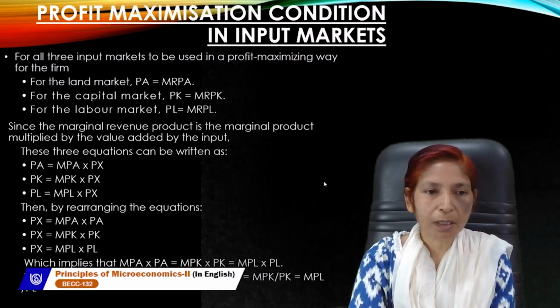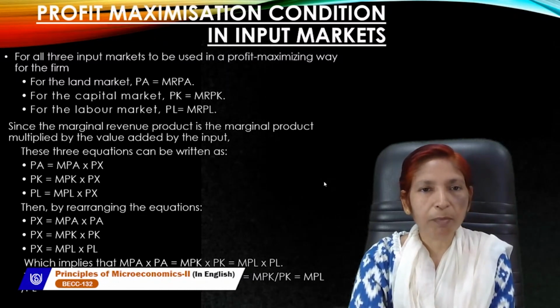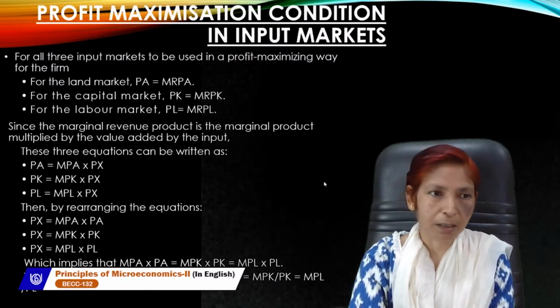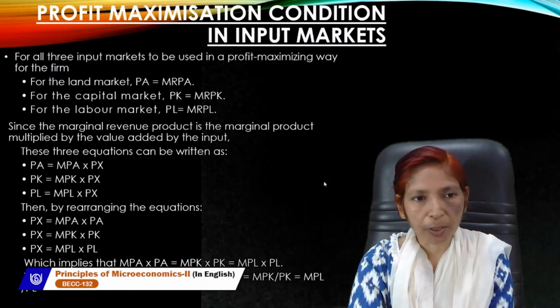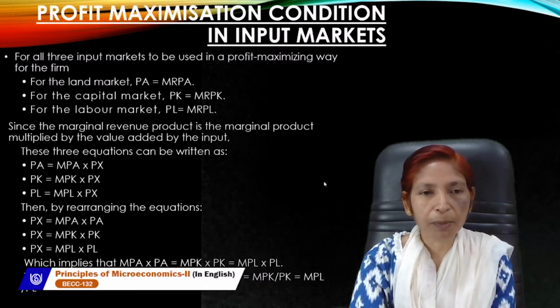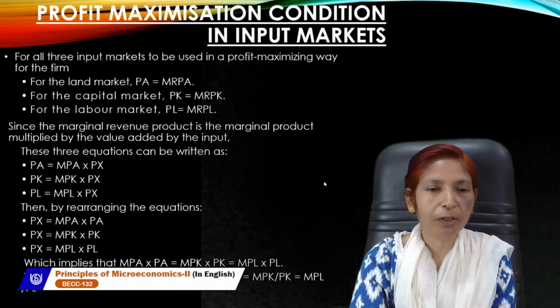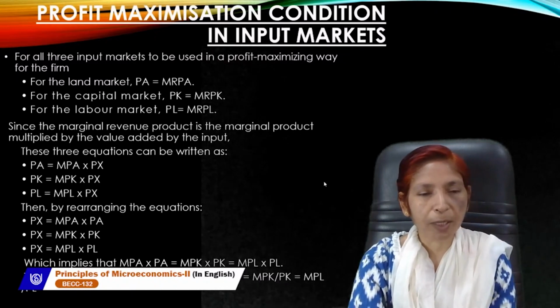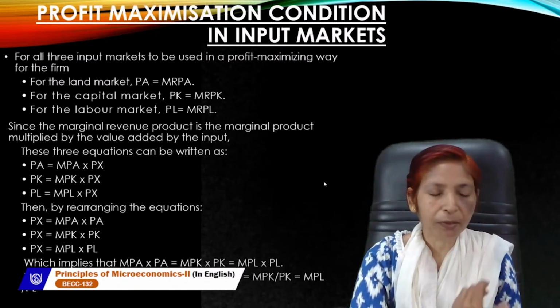So all these things are showing the profit maximization condition in the input market. It's very simple, not very difficult, because we are taking only price. Price of land is equal to MRPA, and MRPA can be calculated by multiplying marginal productivity of land into price of land, marginal productivity of capital into price of capital, marginal productivity of labor into price of labor, and then we can rearrange this.